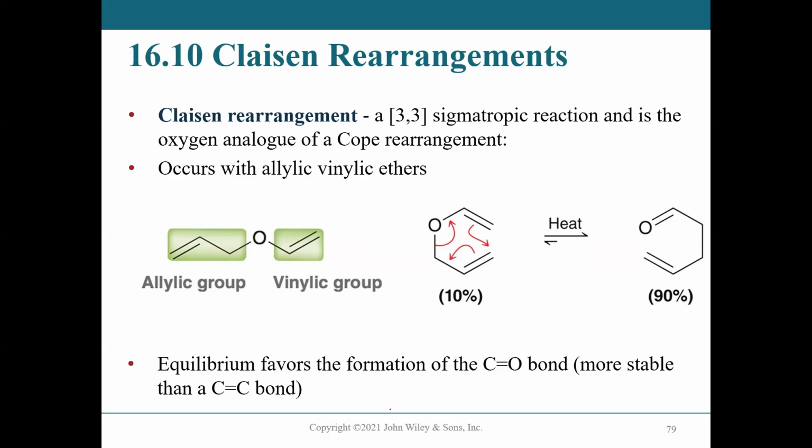It is more stable than a carbon-carbon double bond, because it takes more energy to break that. So we lost this sigma bond here, but we're forming this one, right?